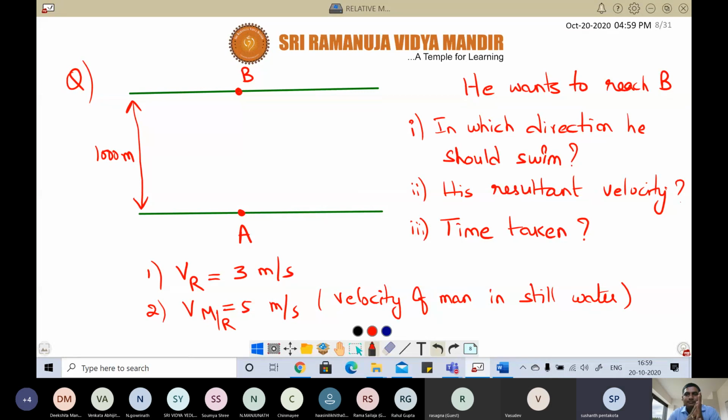Anybody has done? Sir, I got the second and the third bit, sir. First one I'm doing. Second one, how much you got? Sir, root over 34. No. Sir, the third one is 25, sir.